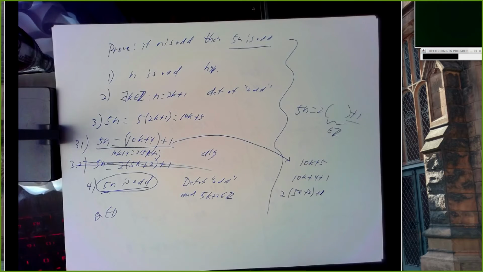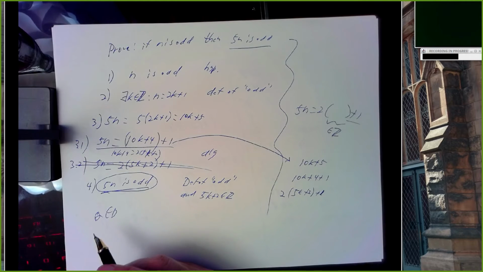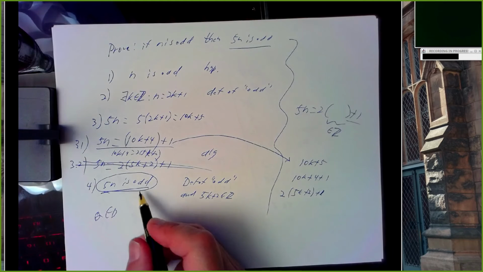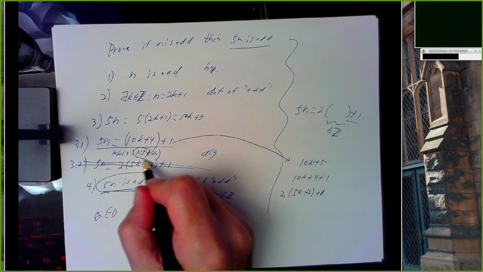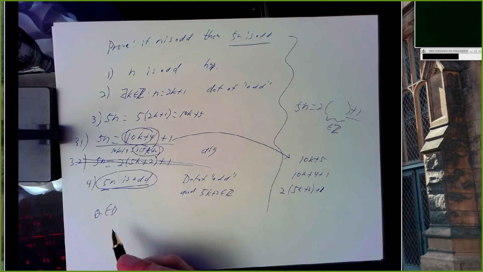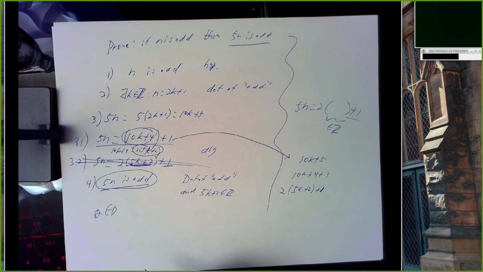My last statement is 10k plus 4 is 2 times an integer. Well, that's part of what I need to do, but before I can say 5n is odd, I really need to state 5n is equal to 2 times an integer plus 1. So I would need to go back and substitute this in for here and write that out so that I have a statement which clearly shows 5n is 2 times something plus 1. And then I can say, therefore 5n is odd.